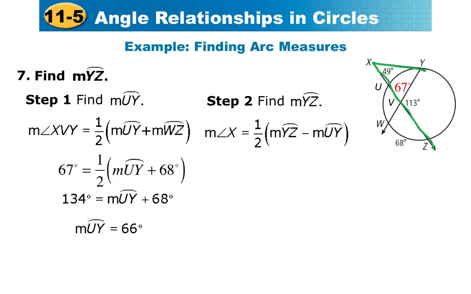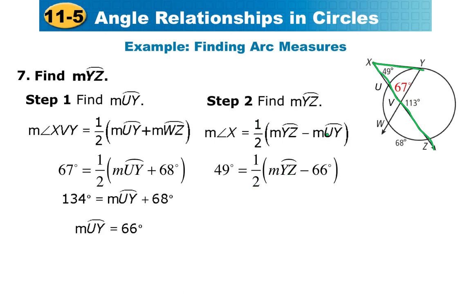And this is what I get. The measurement of this exterior angle, which is x, is equal to 1/2 the arc YZ, which is what I'm looking for, minus the measurement of arc UY, which I found already. I substitute the information. Again, you see why this is 49. This I leave alone.